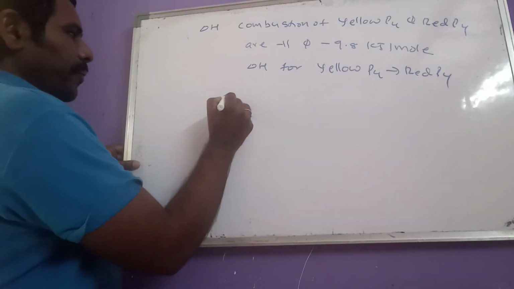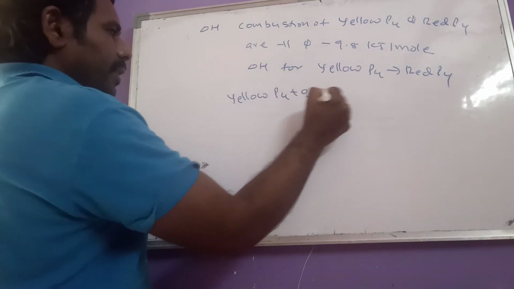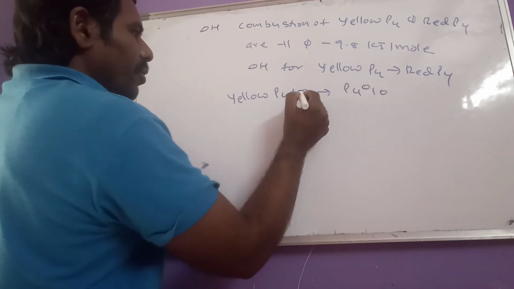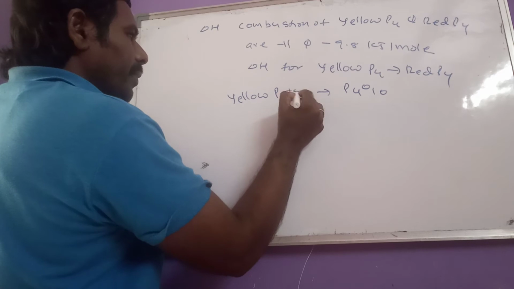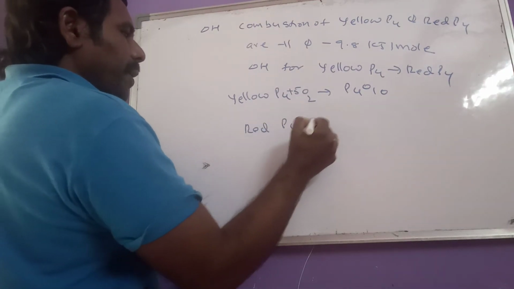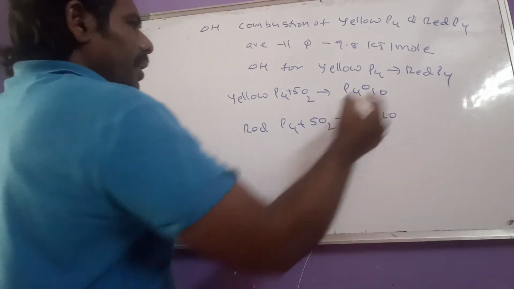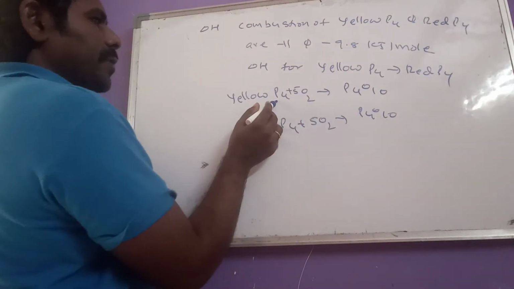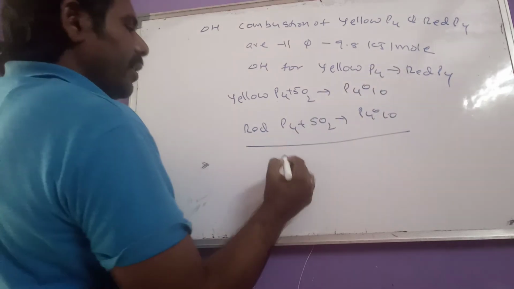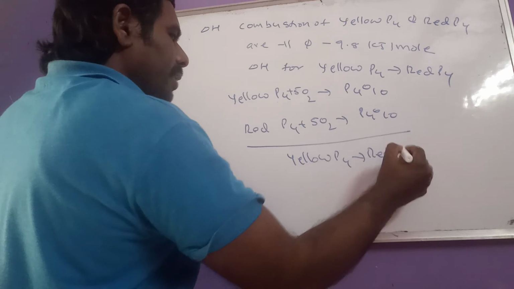Yellow phosphorus plus oxygen, of course we have to write 5O2 here, gives P4O10. Then red phosphorus plus 5O2 gives P4O10. This is the first expression, this is the second expression. Now we need the yellow phosphorus gives red phosphorus equation.